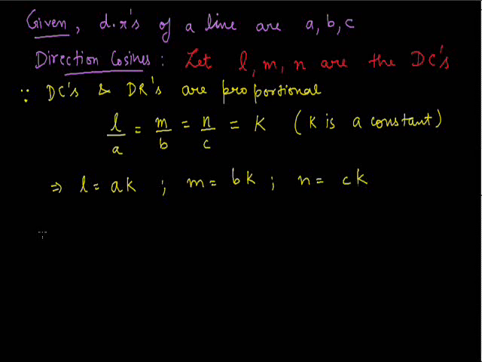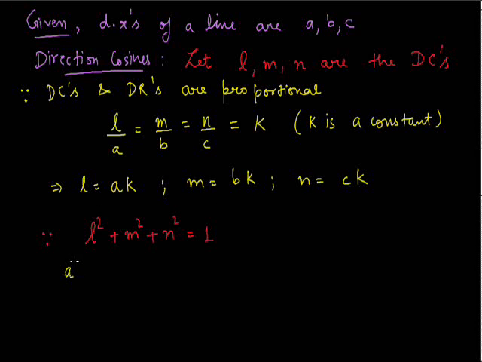Now we have a relation between the direction cosines: L square plus M square plus N square is equal to 1. Using this relation, let's put the values of L, M, N into it.